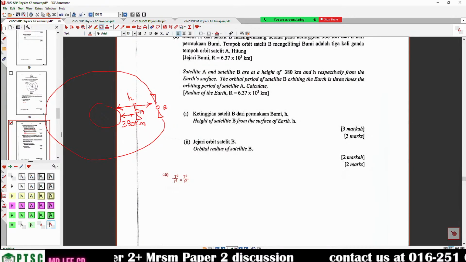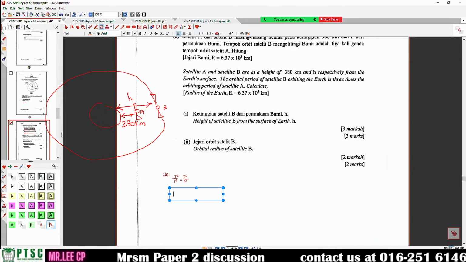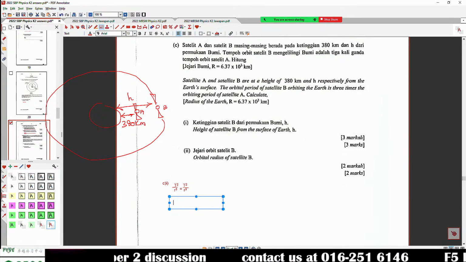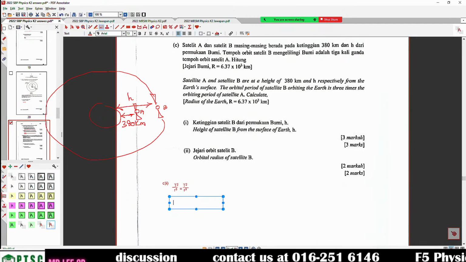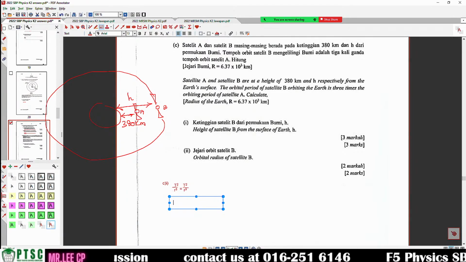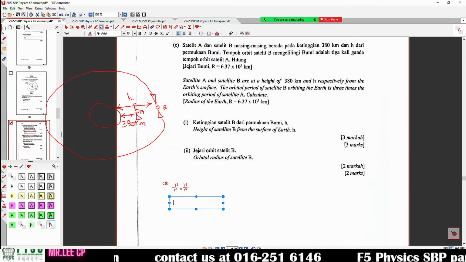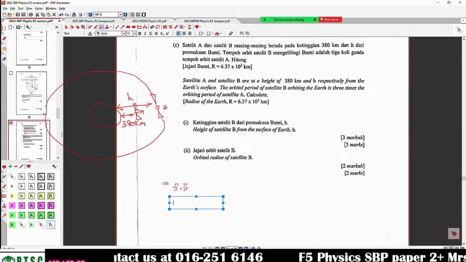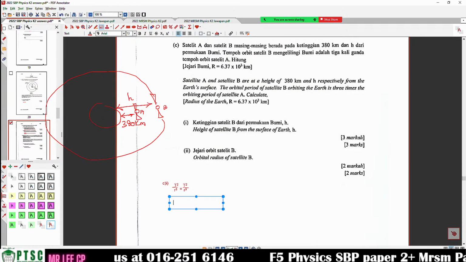T squared. The first one we talk about is A. T squared for the first one, I don't know, the h I don't know, but I know it is 3 times.